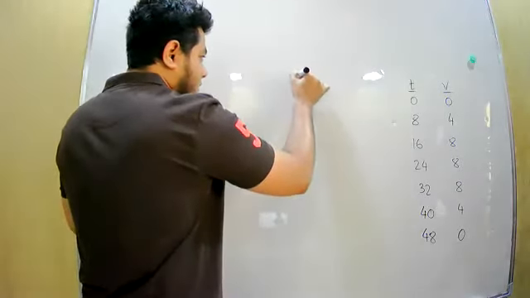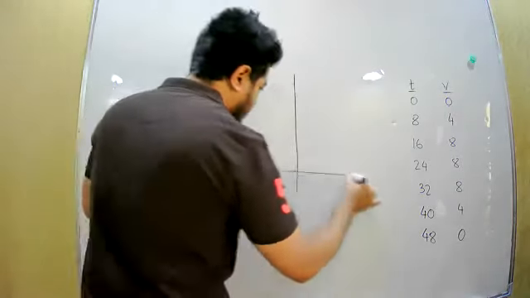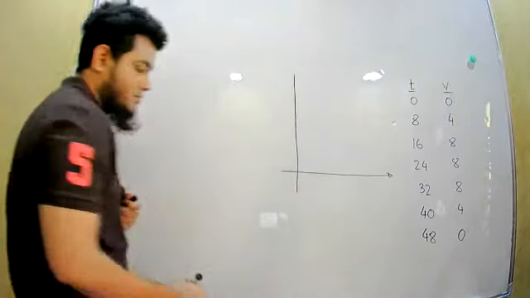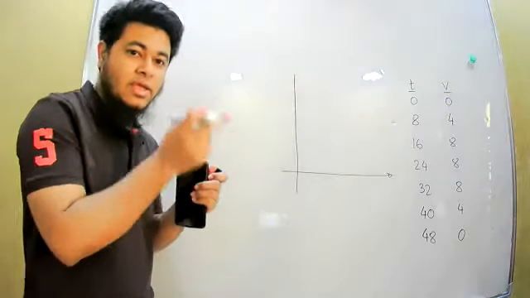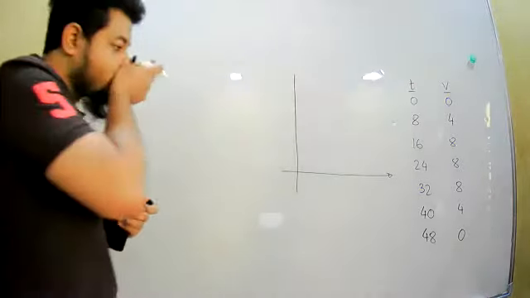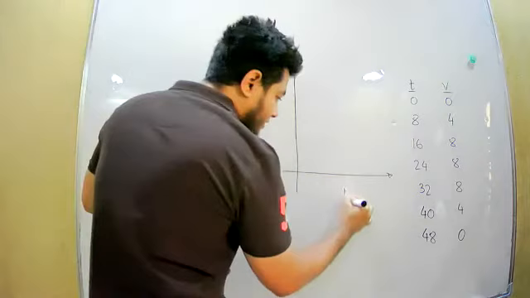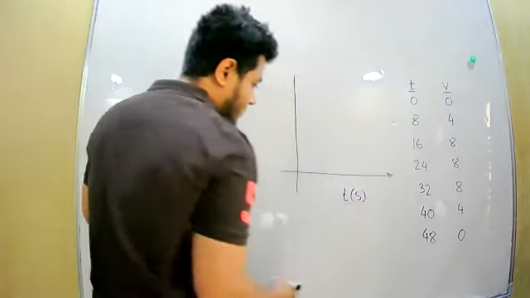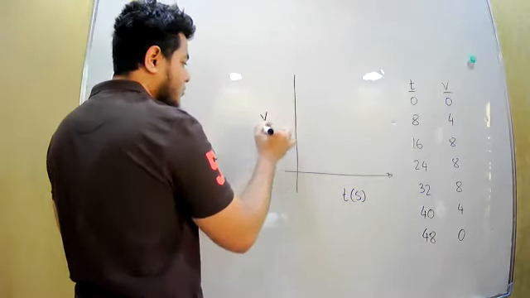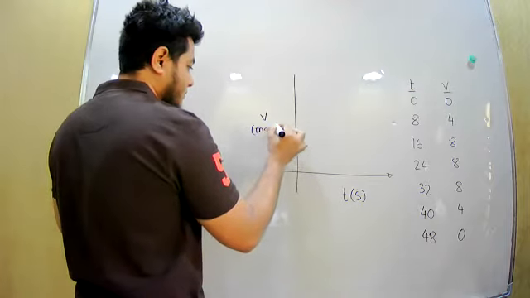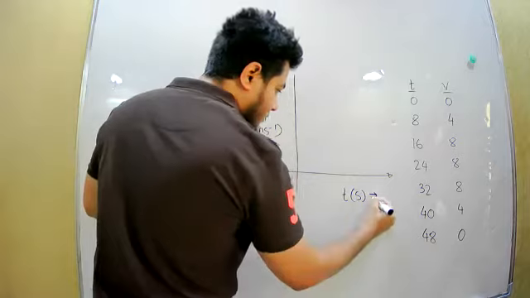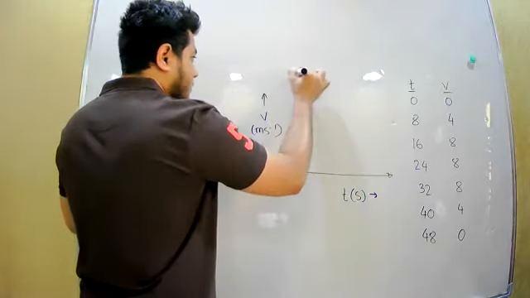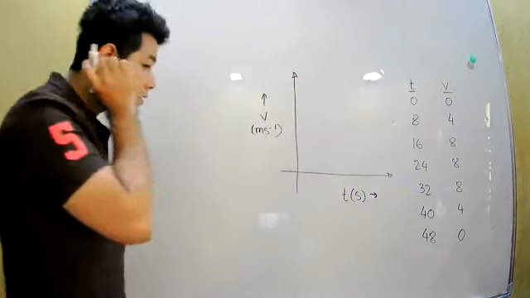Sir, on a rough page? No, on proper graph paper. You will take a proper graph paper and then you will plot these points. Along the x-axis you will put time, and along the y-axis you will put velocity, in meters per second. Sir, will we paste that paper in the examination also?